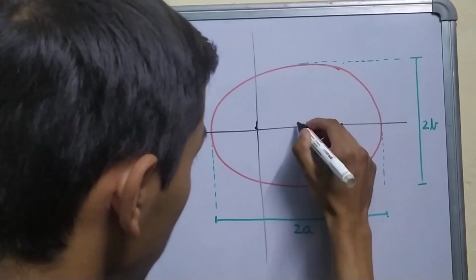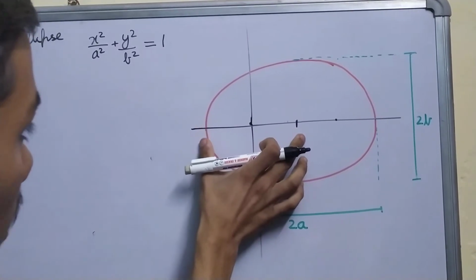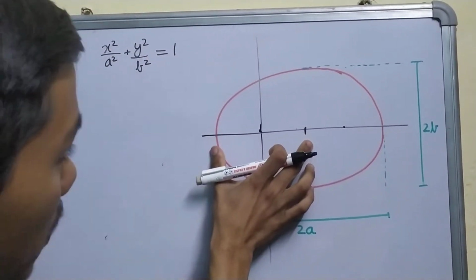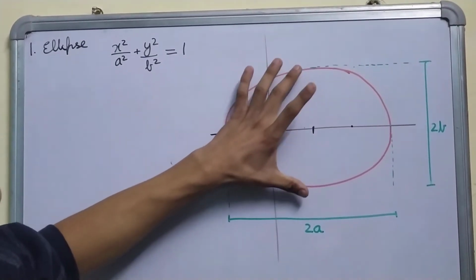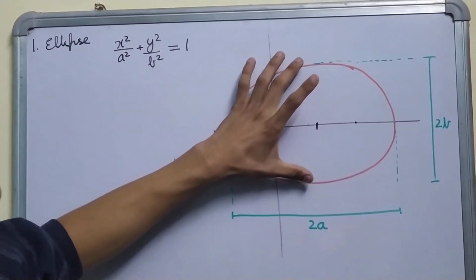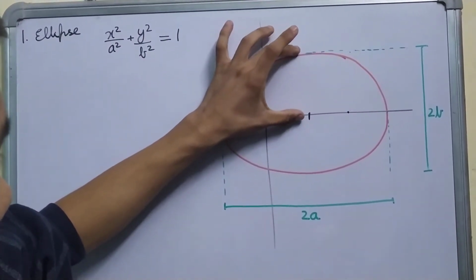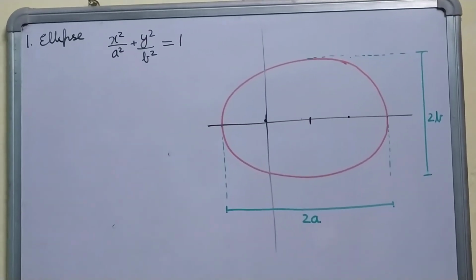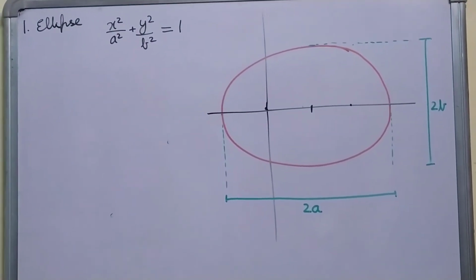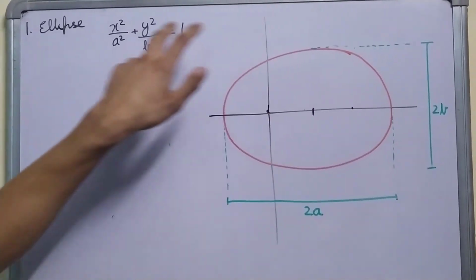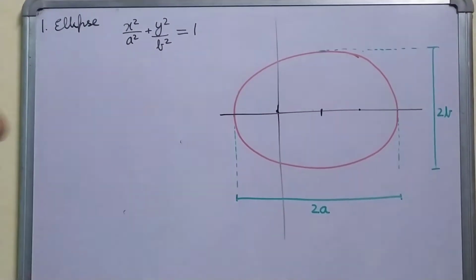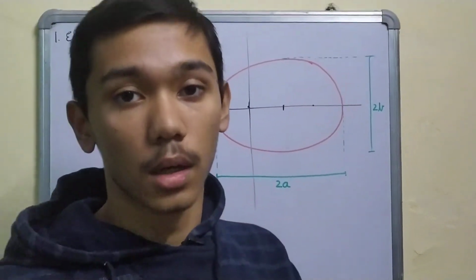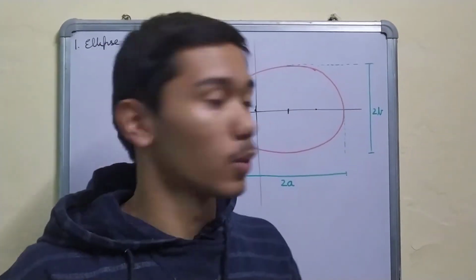This is the semi-major axis, half of the major axis, called a, and b is this length, called the semi-minor axis. This is the equation in Cartesian coordinates, but for today's video we'll be using polar coordinates because they are easy to handle.